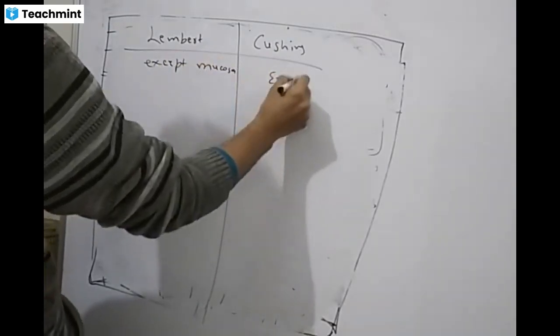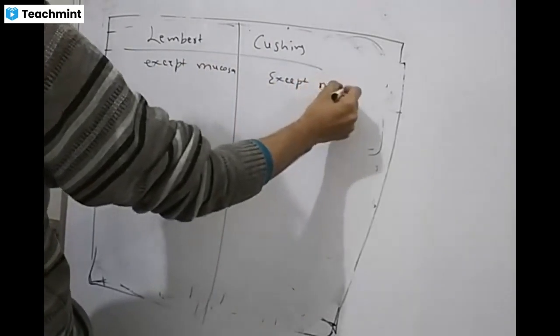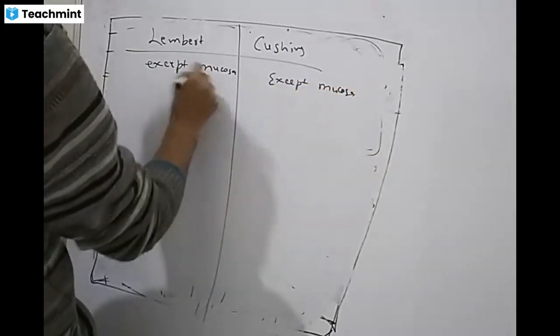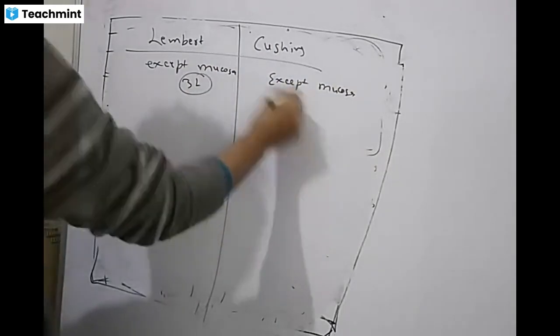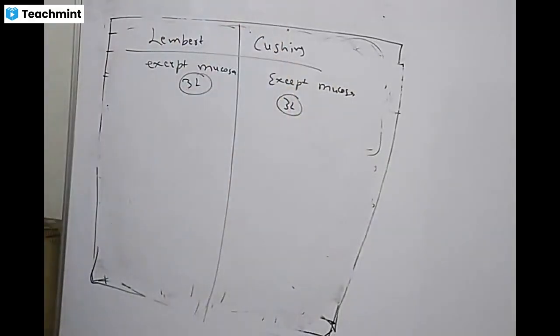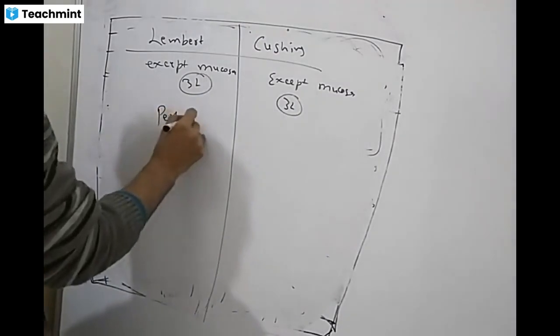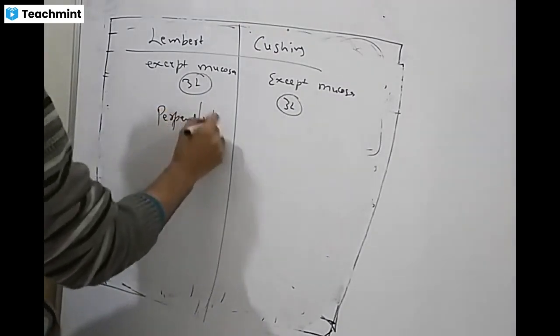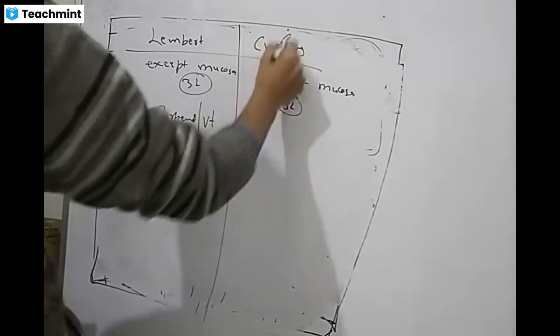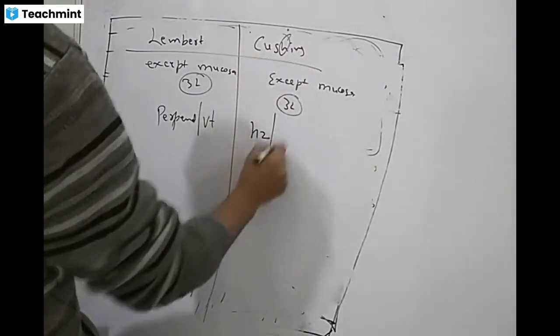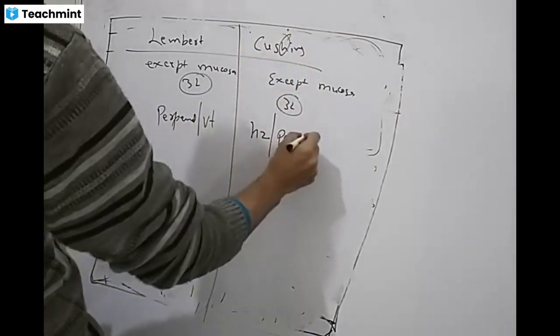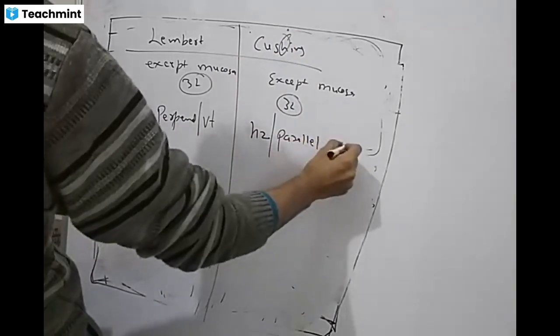Here also except mucosa. Means only three-layer penetration in both cases. Second, this is perpendicular to the incision, or you can say vertical. This H will help you. It is horizontal or parallel to the incision.